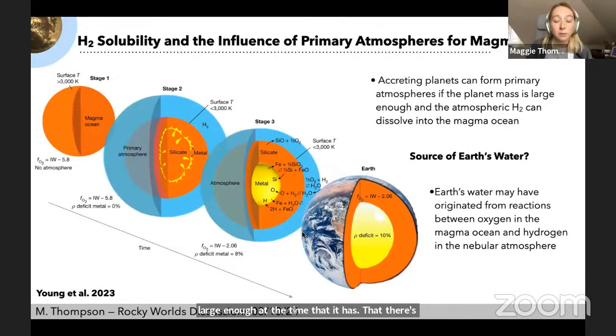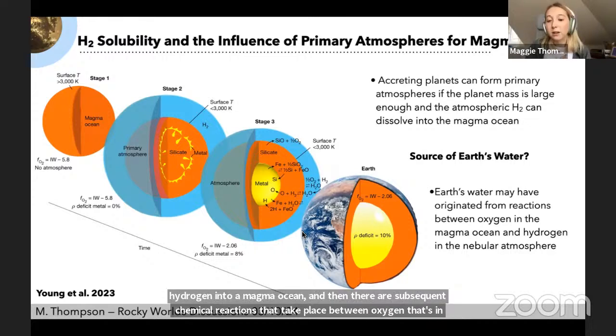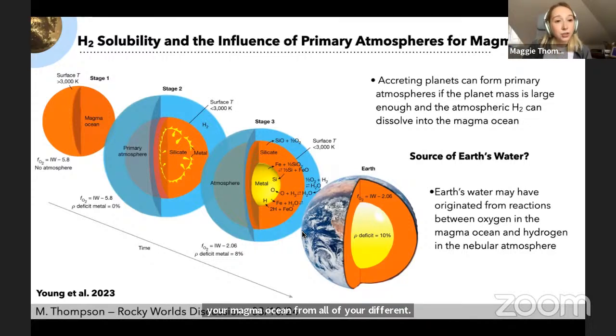Then there are subsequent chemical reactions between oxygen in your magma ocean, from all of your different silicates and the composition of your magma, and the hydrogen that was dissolved. Then later, over subsequent cooling, this forms water, and that can condense out and be the source of water today. Now, there are still questions here, and I would love to discuss this, of course, at the end.